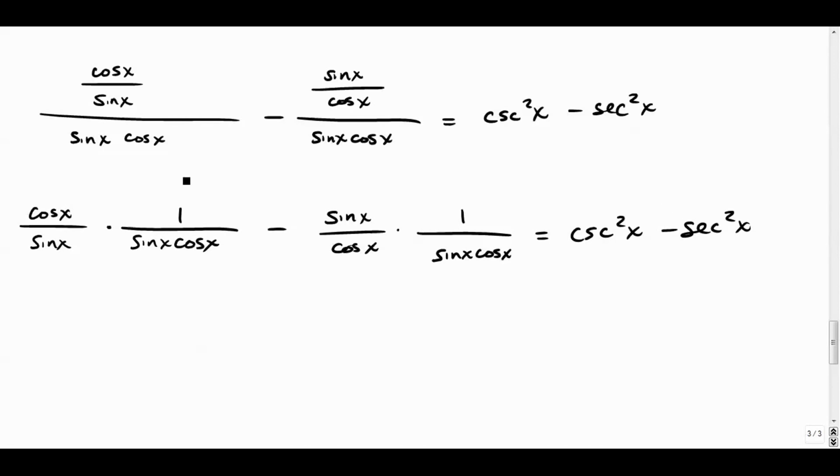Alright, and the reason I did that is now it's pretty easy for me to see that I can just multiply across the top and across the bottom. Sine x times sine x is sine squared x, cosine x. Across the top over here I get sine of x. Across the bottom I get sine of x, and then there are 2 cosines.